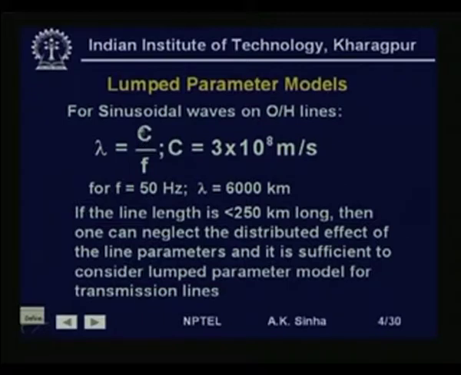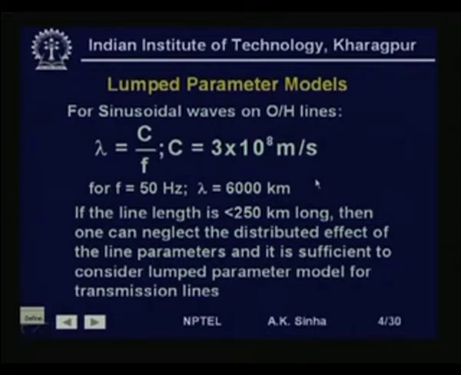For an overhead transmission line, this will be very nearly equal to the velocity of light. Therefore, wavelength lambda is equal to c by f, where c is 3 into 10 to the power 8 meters per second. If we substitute this value of c, and for a frequency of 50 hertz, we get lambda equal to 6000 kilometers.